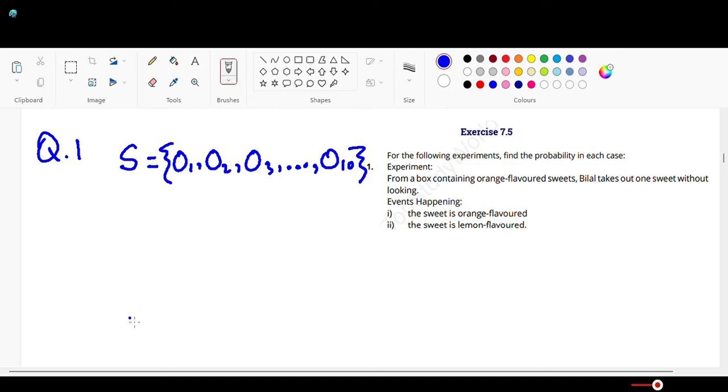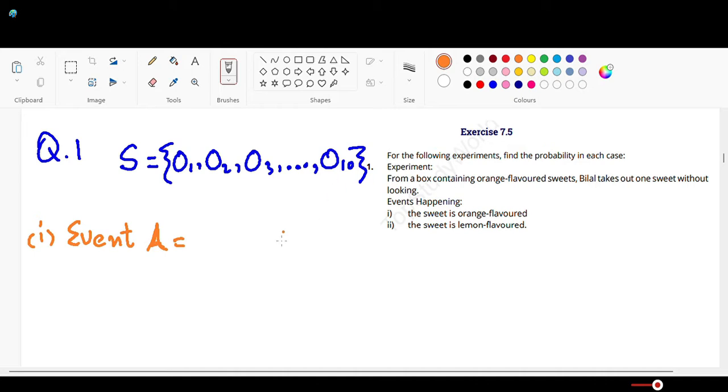Now, to find the probability of the sweet being orange flavored, let's call it event A. The probability of event A taking place is equal to, which sweets are orange flavored?